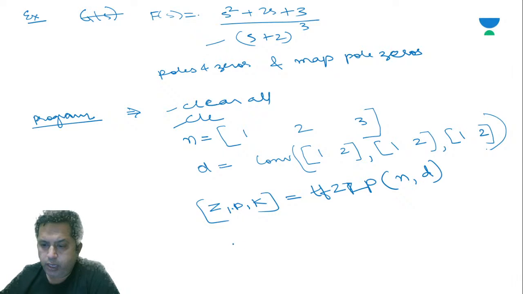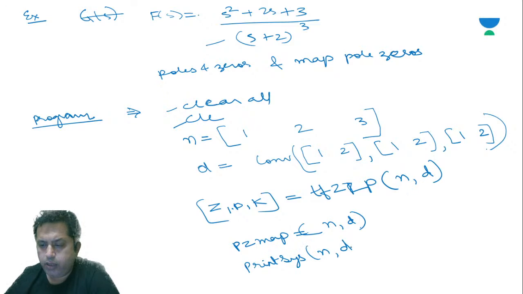Then I will say pzmap is equal to pzmap of this n comma d. Also I will say print sys n comma d.